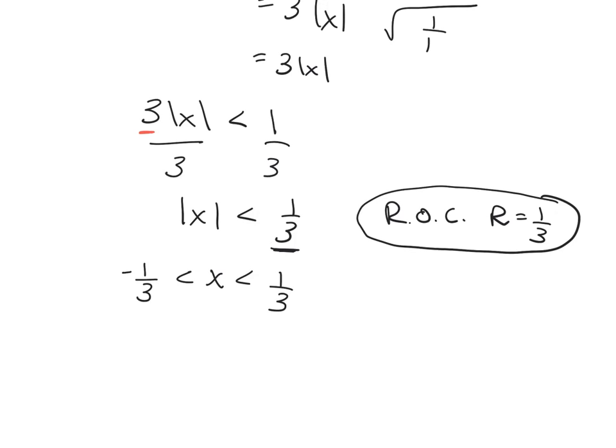What we did yesterday was I had to test my endpoints of my interval to see if they converge or diverge. So I need to take these two numbers, negative 1/3, positive 1/3, and plug them in and see if my series converges or diverges.